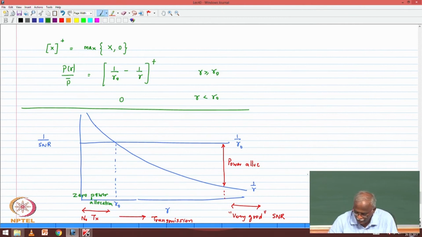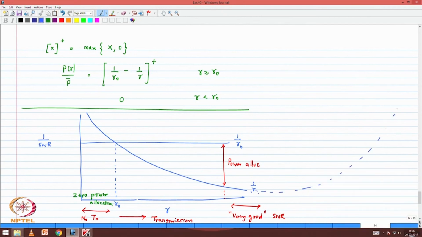Basically think of the blue line, you have to visualize it as completing the bowl, and then water filling. So this is where the famous term water filling comes from. You are looking at an inverted bowl and then the SNR is being filled.